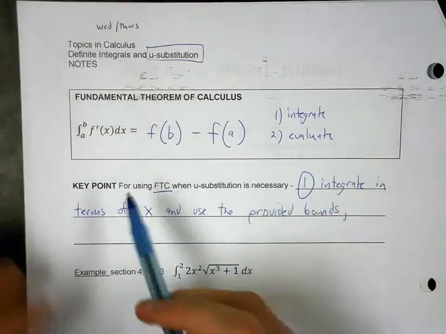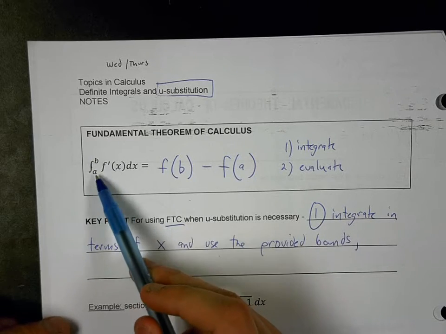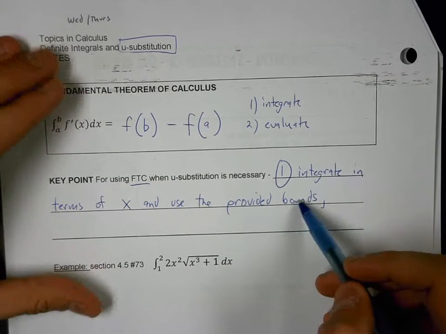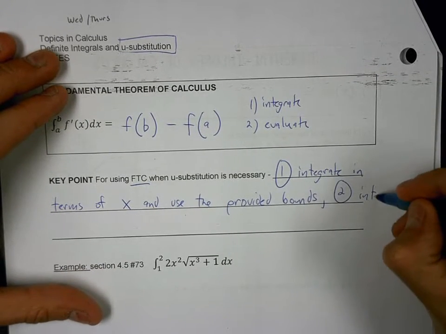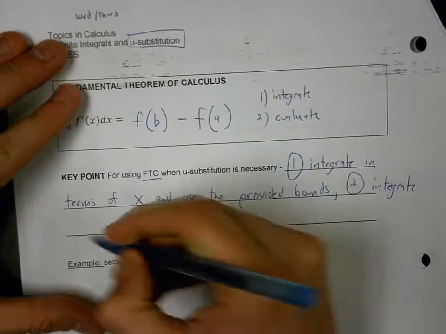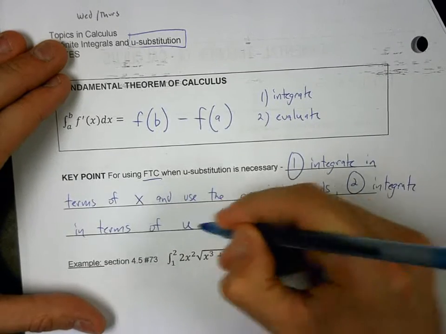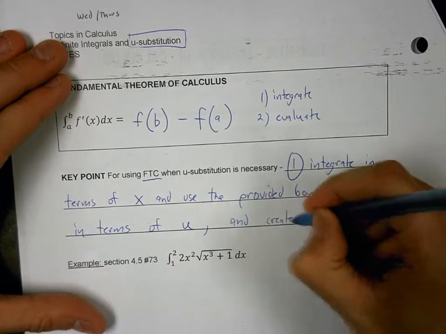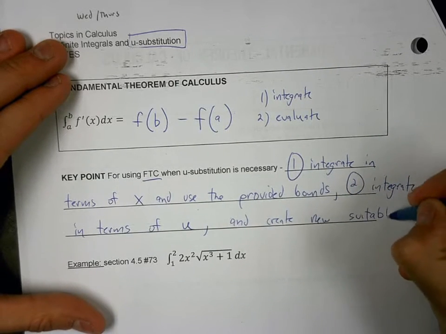I mean like this portion of the interval, or of the integral. Upper bound is b, lower bound is a. So we can either integrate in terms of x and use the provided bounds, or we can integrate in terms of u and create new suitable bounds.